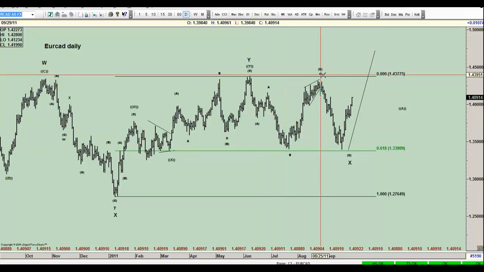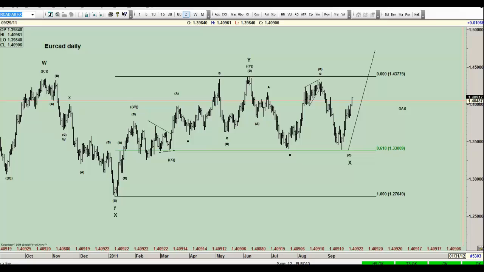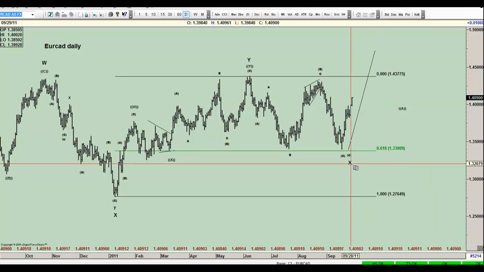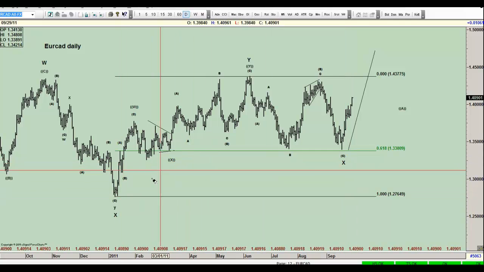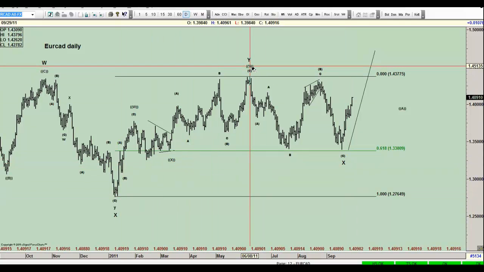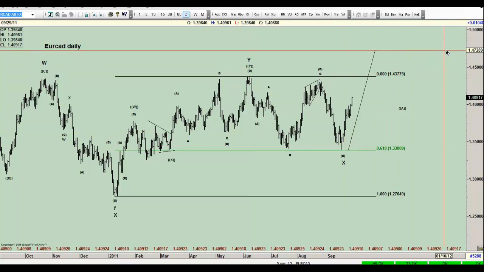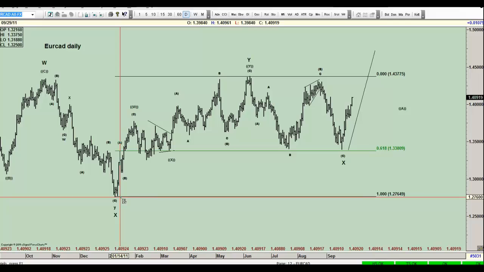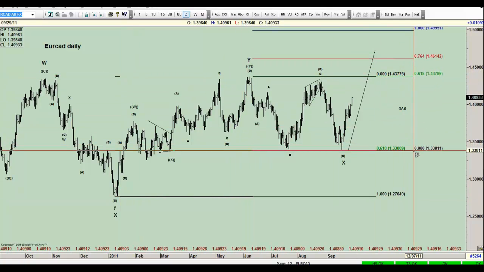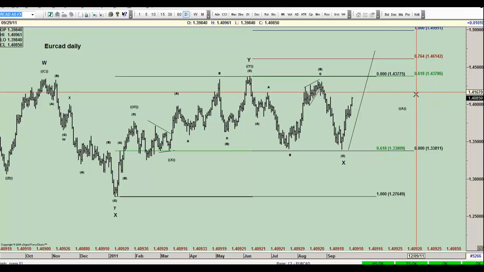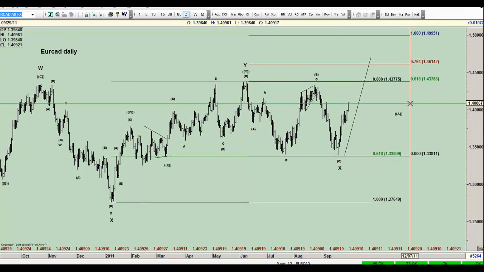This is B and C, and now, like you guys will be mentioning, bouncing from the 618 of the Y wave comes the EuroCAD looking higher. This pair is looking at a target, according to the figures now, around 150, and that's what we've been mentioning over and over during the course of the last month or 2 months.